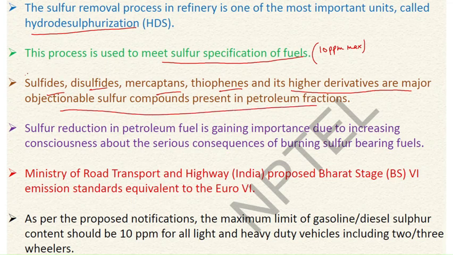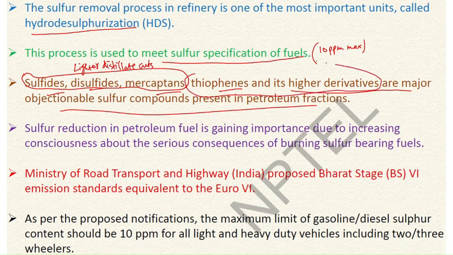The sulfides, disulfides and mercaptans are basically lighter sulfur compounds, mainly present in the lighter distillate cuts of petroleum, whereas thiophene and its higher derivatives are mainly present in the heavier cuts. They may also be present in the heavier cuts, but in lesser amounts.